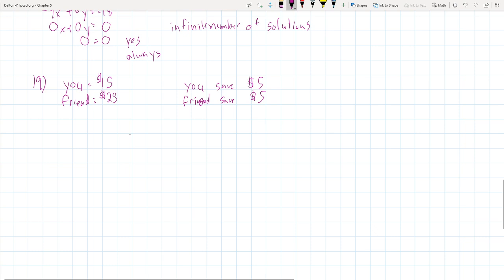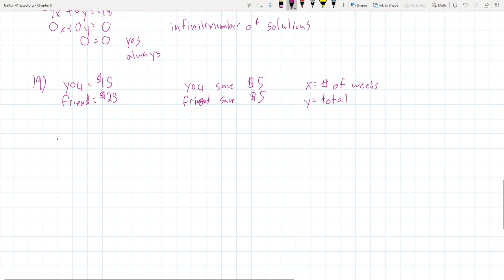So we're going to write a system of equations with this. We're going to say x equals the number of weeks. This isn't told to you specifically in here. However, x is typically represented as time. Y is going to be your total.